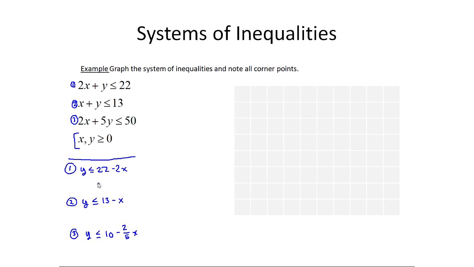All right, so for this first one, you should get a y-intercept of 22 and an x-intercept of 11. Here you should have a y-intercept of 13 and an x-intercept of 13. And here you should have a y-intercept of 10 and an x-intercept of 25.